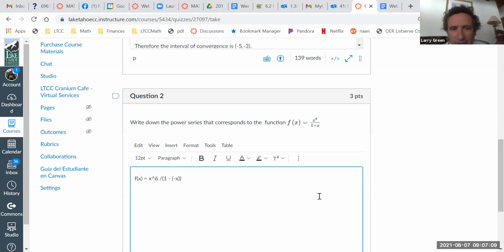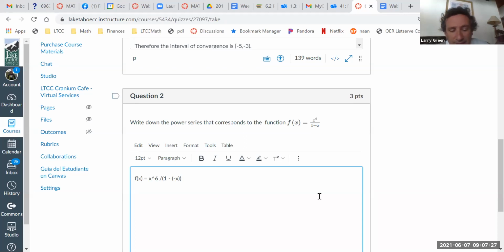Okay, now we can use the geometric series formula. The geometric series formula says that if you have a over 1 minus r, that's always a summation of a times r to the n.